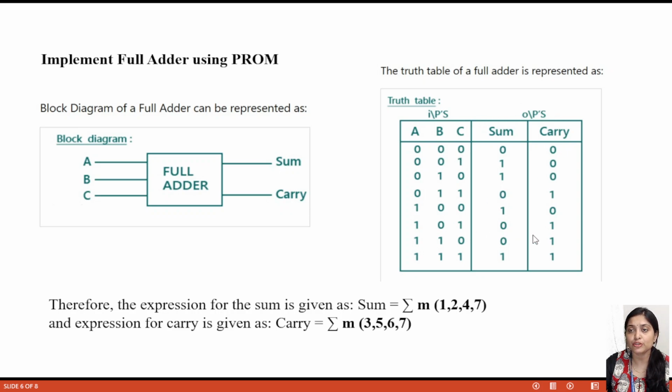And this is the full adder sum and carry truth table, where sum is explained in such a way that wherever the 1 is, it is mentioned in this way. That means in the position of 1, in the position of 2, then 4, then 7. So in this way here also it is written. Okay, carry is also written based on this truth table.